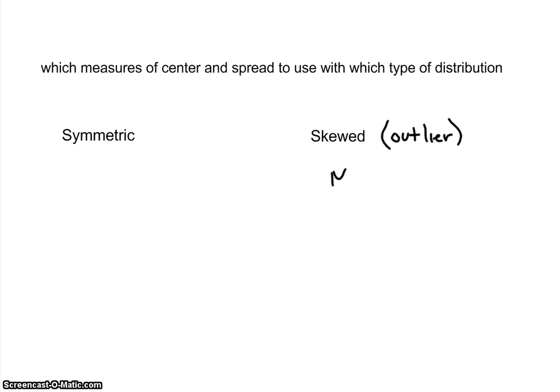So we want measures that aren't going to be affected by that outlier. So that's why if you have a skewed distribution, you're going to want to use your median, I'm sorry, for your measure of center, and your IQR for your measure of spread. If I do have a symmetric distribution, we're going to use my mean for my center and standard deviation for my spread. And that's that section.